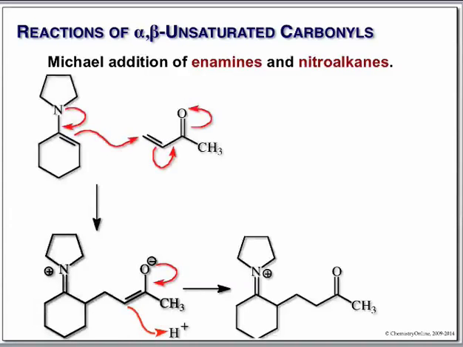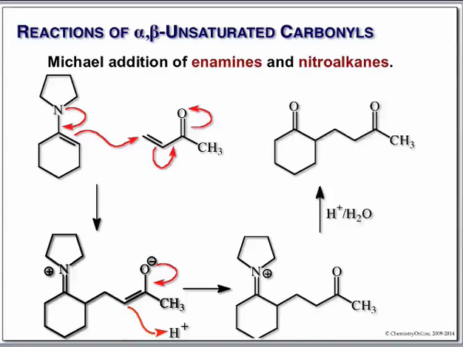But in an enamine reaction, we have the imine, the ammonium ion, as our product. When we dump this stuff into acid, the imine hydrolyzes and generates the carbonyl.